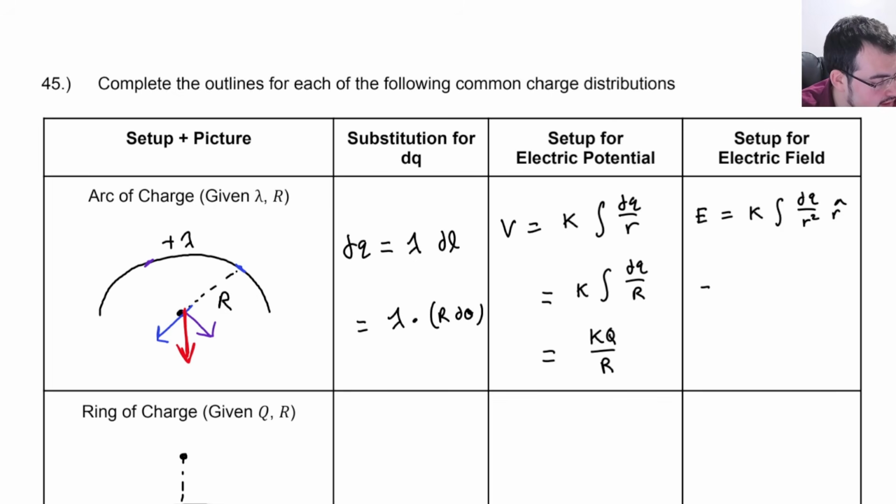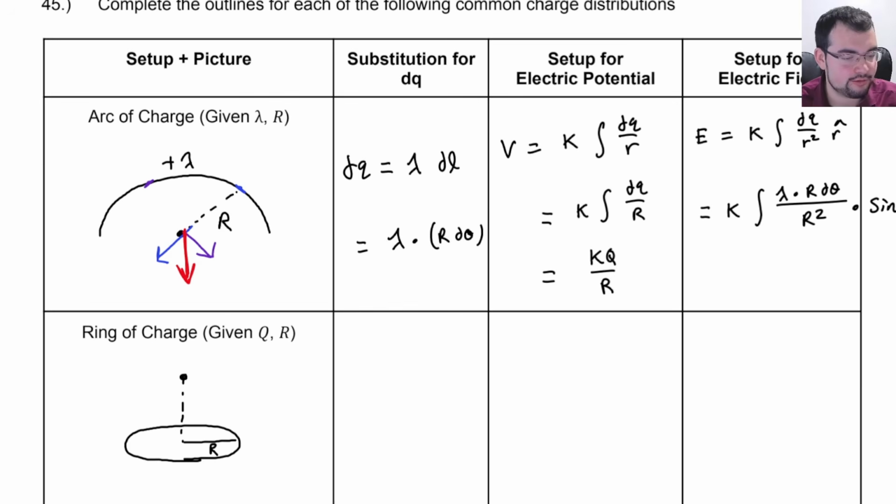So we'd set this one up by doing k times the integral of dq, which we said was lambda times r d theta, divided by r squared, and then we have to tack on that sine theta to extract the vertical component. And you integrate from 0 to pi, or pi over 2 to negative pi over 2, depending on how this arc is oriented.